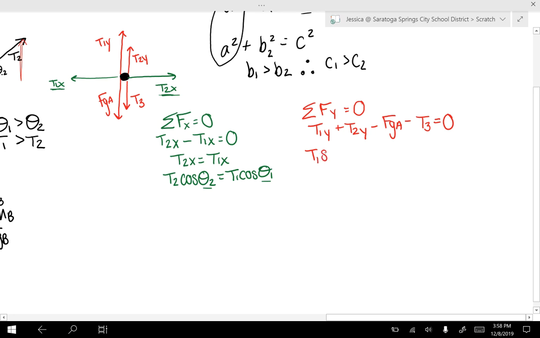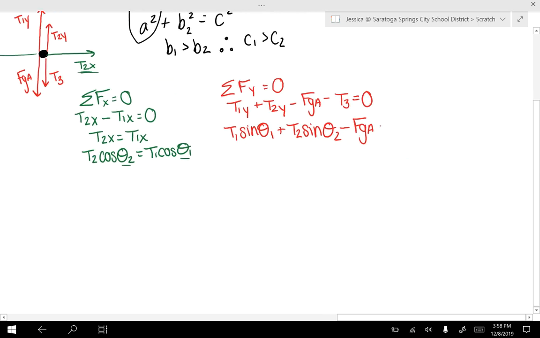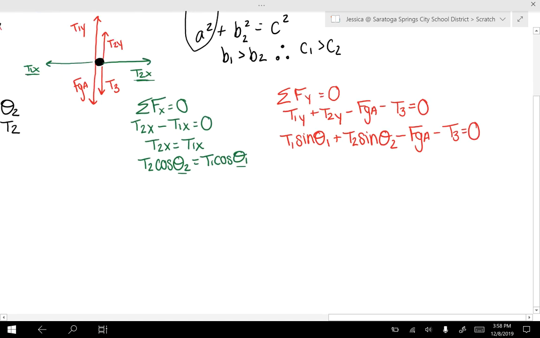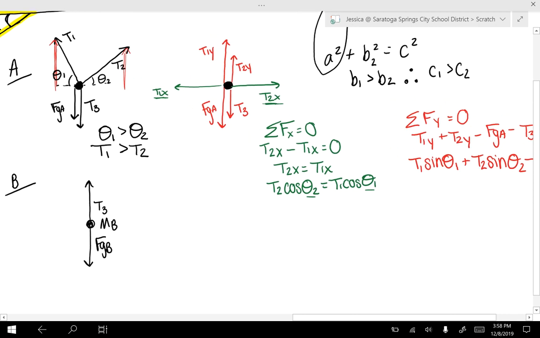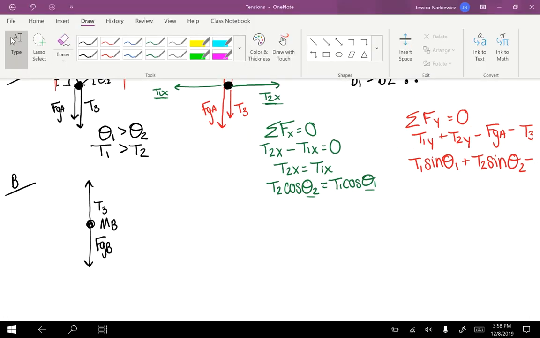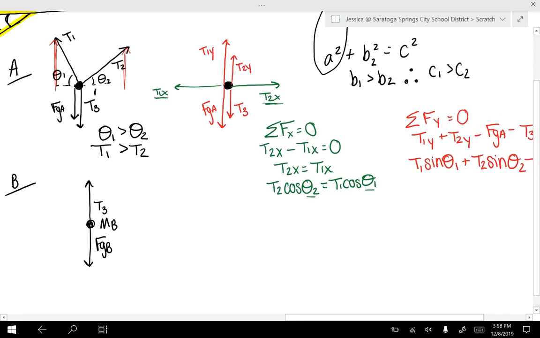This is T1 sine theta 1 plus T2 sine theta 2 minus FGA minus T3 is 0. Oh, I lied. We actually do need to know the mass of A in order to solve this, which is fine.